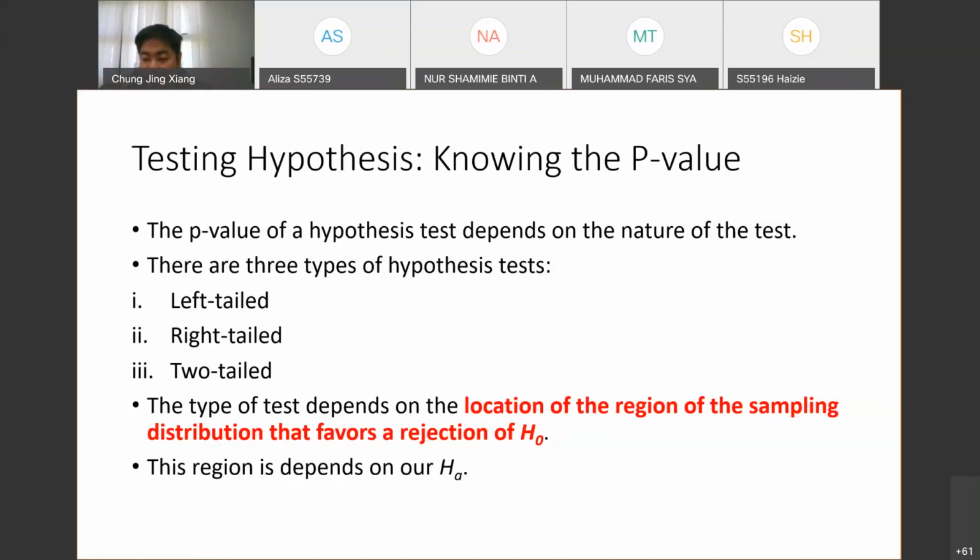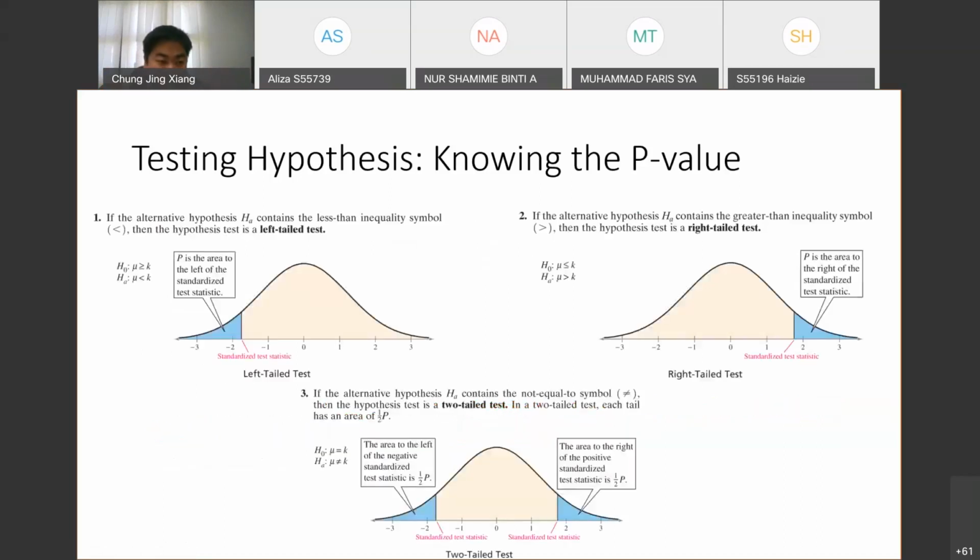Let's look at the left tail test first, one by one. We go slowly, no rushing. So our H0: the mean is larger than or equal to K. So our HA will be less than K. When you have something less than, you go to the left. Very easy.